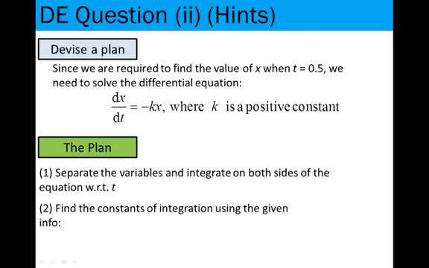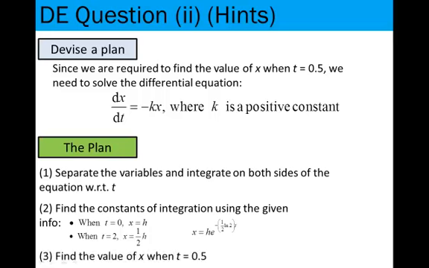Next, I will try and find the constants of integration using the given info. When t is 0, x is h. When t is equal to 2, x is equal to half h. To help you check your answer, I'm going to tell you that x can be expressed as such. Eventually, to get the final answer, I just need to sub in t equals 0.5.